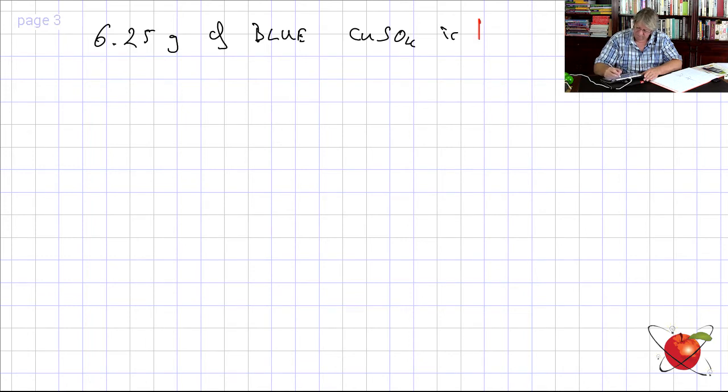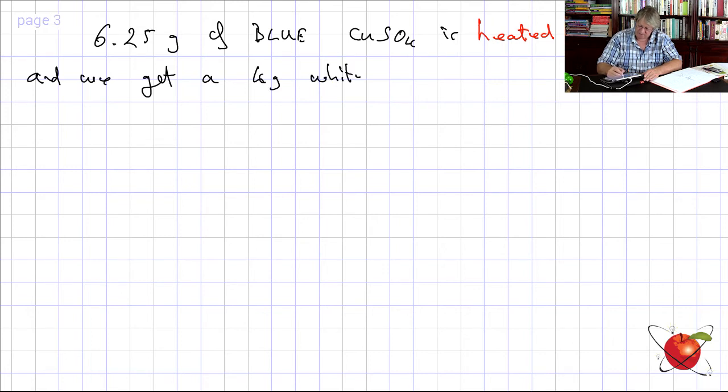They tell us 6.25 grams of blue copper sulfate is heated until what we have left is a white powder that weighs 4 grams. So we get a 4 gram white powder left.